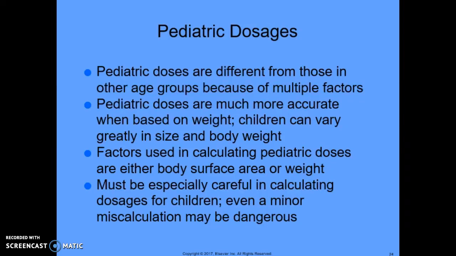You must be especially careful in calculating dosages for children because even the smallest mistake could be dangerous or even fatal. So we want to look at how to do it by a child's weight, because this is the most common thing that you, as a medical assistant, if you're doing calculations, will be responsible for knowing, understanding and checking.